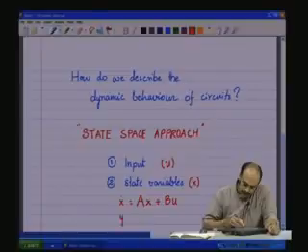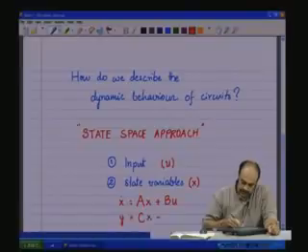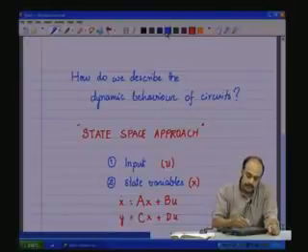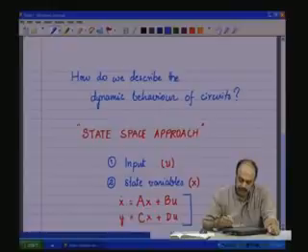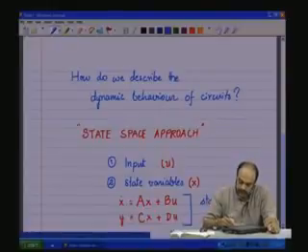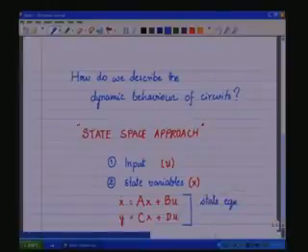And there is one more equation, the output equation, which is written as y equals Cx plus Du. This is the standard form of representing all systems in the state space domain, and this is called the state equation. I will come back to the state equations again.